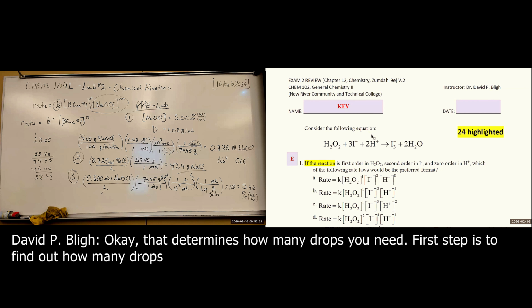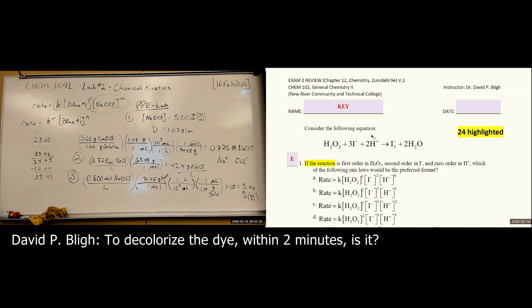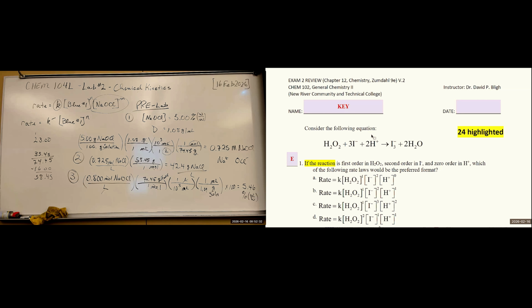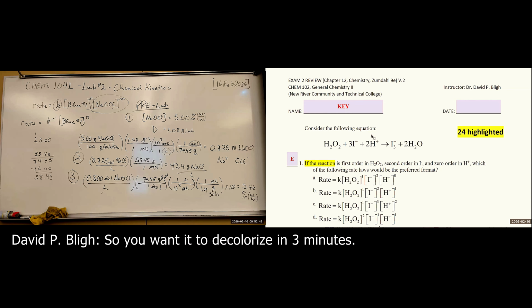Okay, that determines how many drops you need. First step is to find out how many drops to decolorize the dye within, is it 2 minutes? 3 minutes. So you want it to decolorize in 3 minutes.